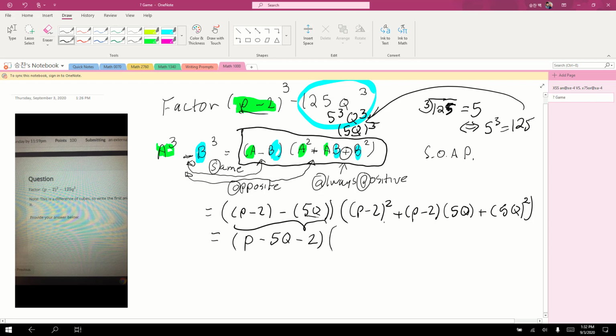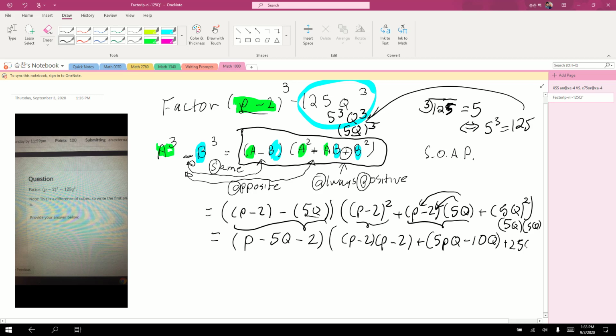Then this (p minus 2) squared is (p minus 2) times (p minus 2). And then here I need to distribute the 5q, so I have plus 5pq minus 10q. And then I have 5q times 5q, which is 25q squared.